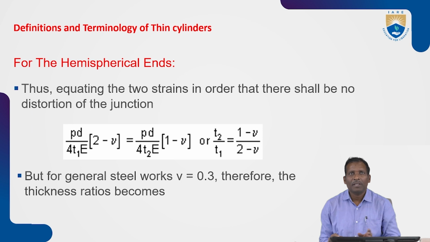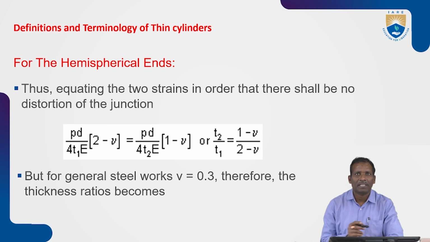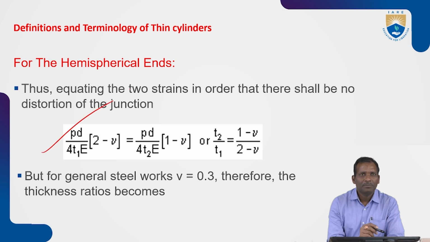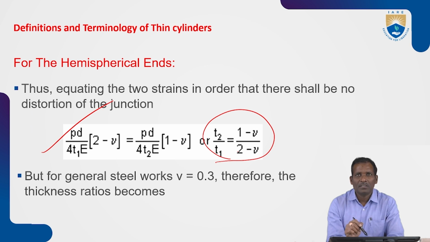Thus, equating the two strains so that there is no distortion of the junction, PD by 4T1E into (2 minus mu) equals PD by 4T2E into (1 minus mu), or T2 by T1 is equal to (1 minus mu) by (2 minus mu). For general steel works, mu is 0.3.